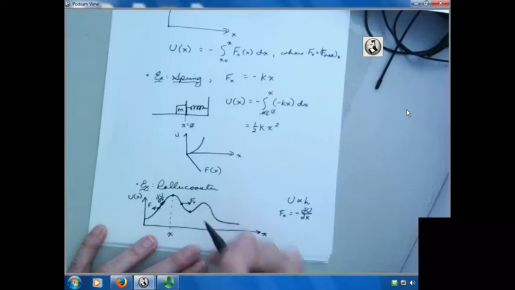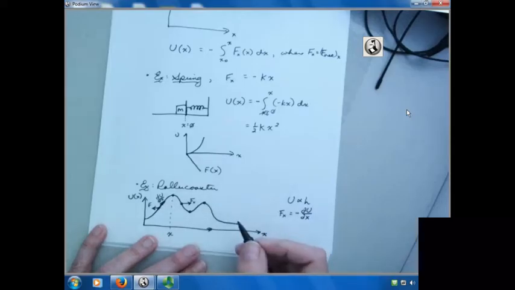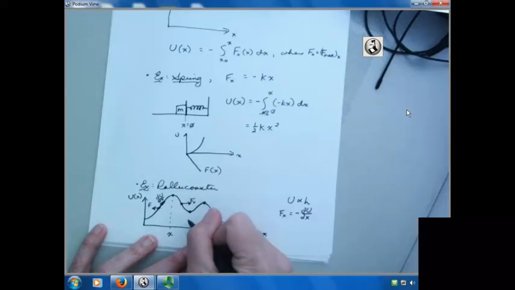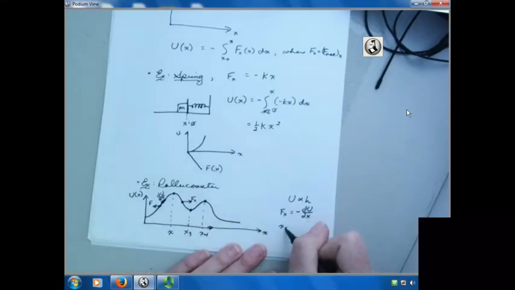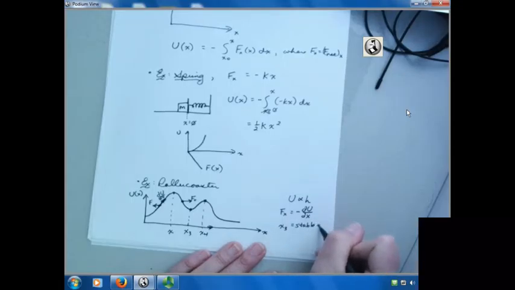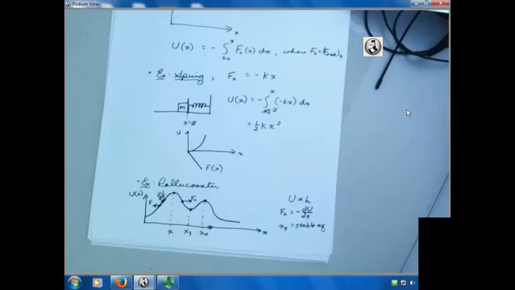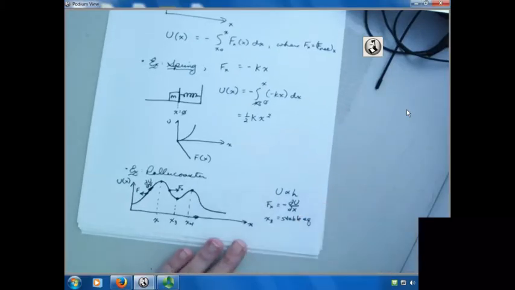Here, du dx is 0, so the net force at that location is 0. Here, du dx is also 0, so the net force at that location is 0. Those have special names. Your book calls them x3 and x4. x3 is a location of stable equilibrium. It's equilibrium because at that location the force is 0, so it will not be accelerated away from being at rest at that location.